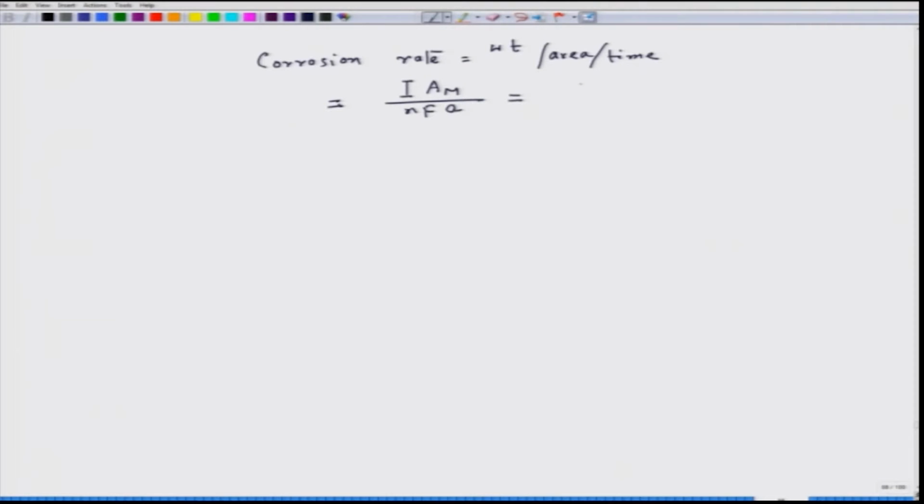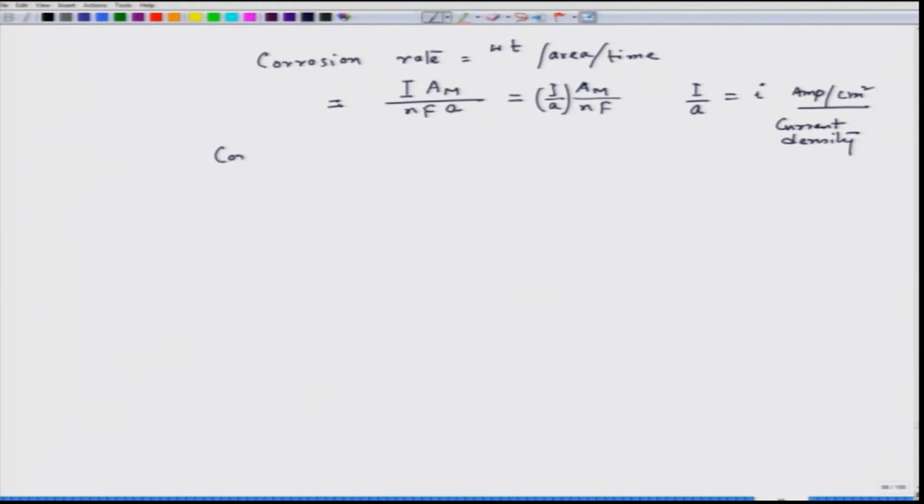Now, we can simplify this one: A_M, I by A, nF, and I divided by A is written in the form of small i, which is nothing but ampere per centimeter square, the current density.